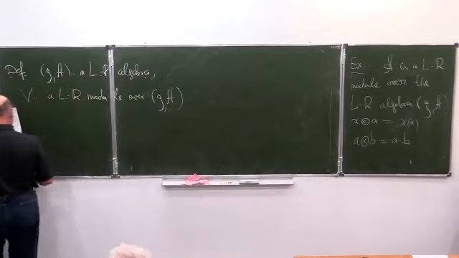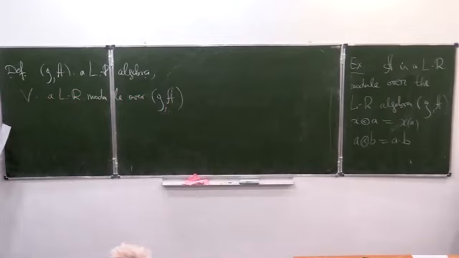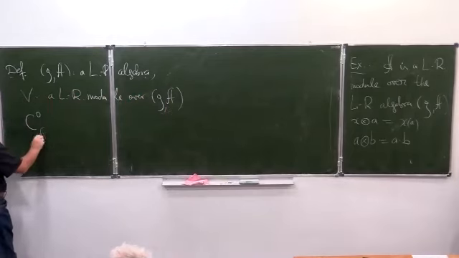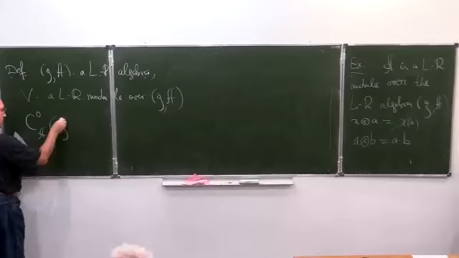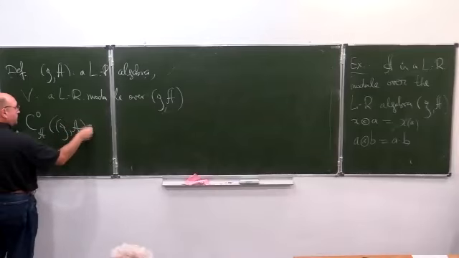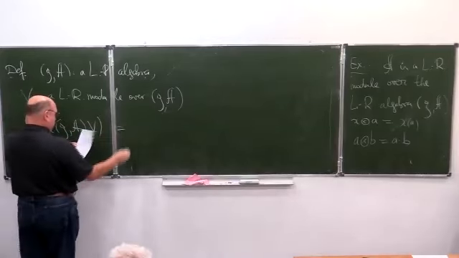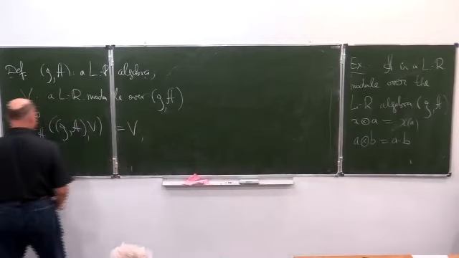Then define cochains of dimension 1 of our Lie algebra with coefficients in V, just V itself.